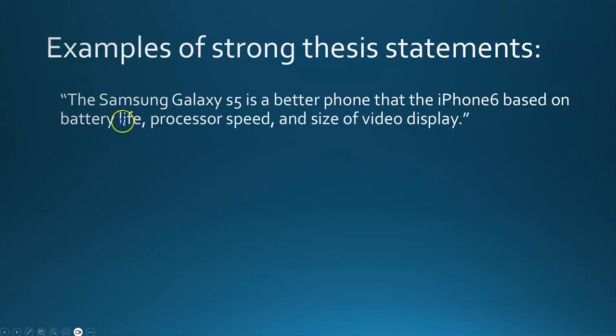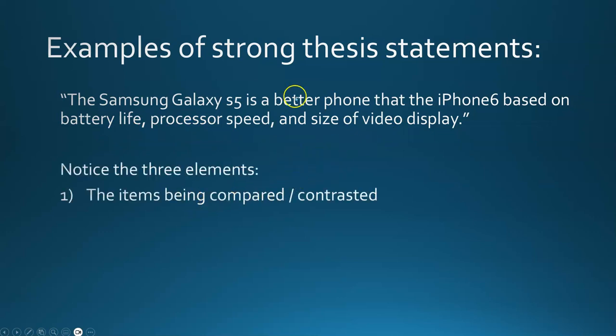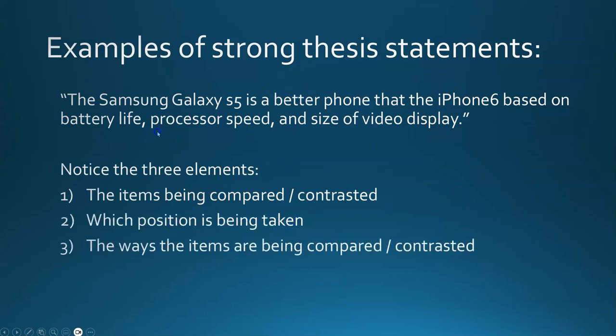So this one sentence is a very strong thesis statement because it has the things that we're comparing. These are things that are somewhat similar. We're making a claim that one is better than the other, or they're more similar, or more different, whatever. And we're giving the reasons why, and these things may be important to whomever. Now notice the elements again: the items being compared and contrasted, the position being taken, and the way they are being compared and contrasted.